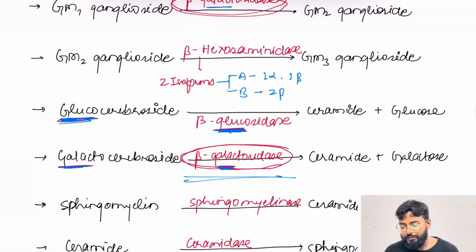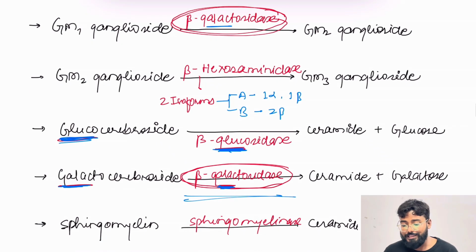In the previous video, we also saw the substrates and the enzyme responsible for breaking down each substrate. So again, we will discuss this so that it remains fresh in our memories. GM1 ganglioside is broken down by beta galactosidase, forming GM2 ganglioside.